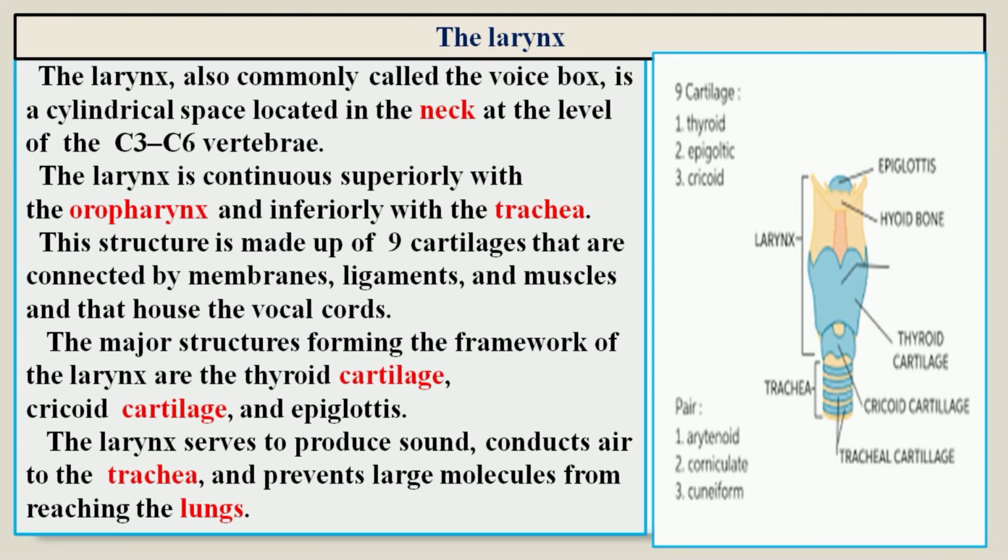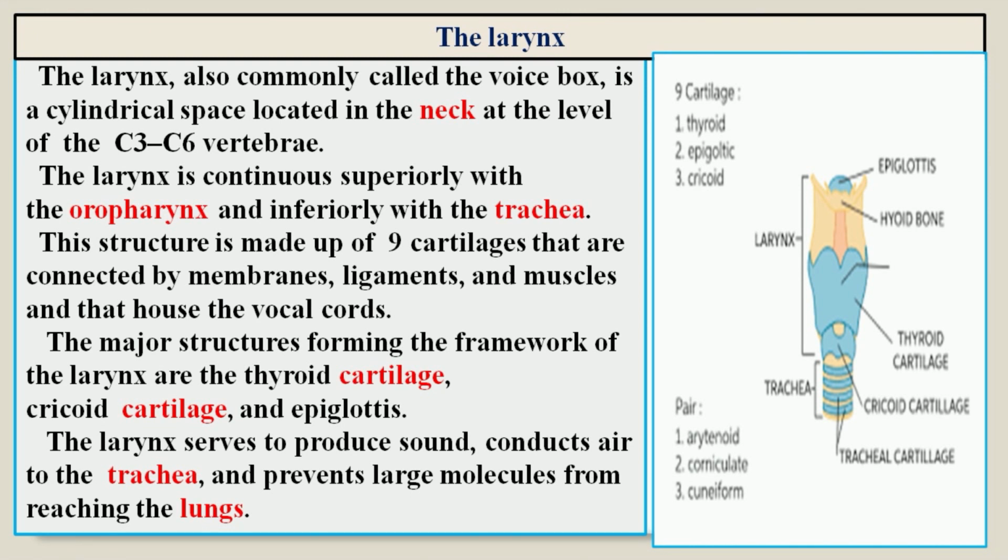The larynx, also commonly called the voice box, is a cylindrical space located in the neck at the level of the cervical 3 to cervical 6 vertebrae. The larynx is continuous superiorly with the oropharynx and inferiorly with the trachea.